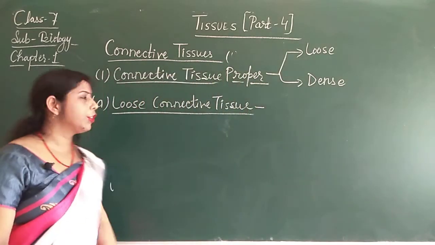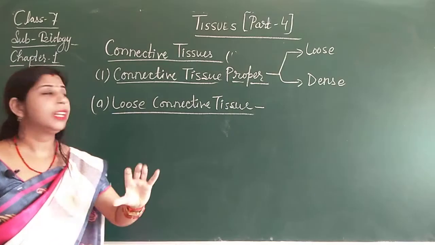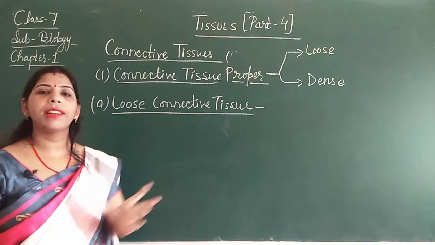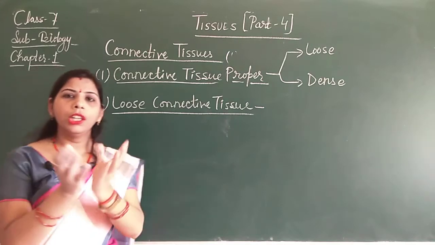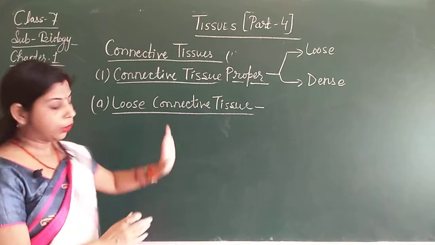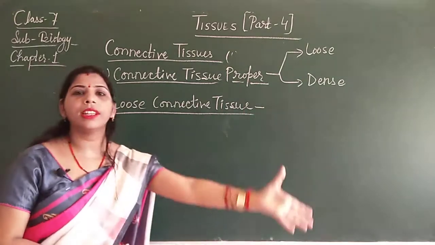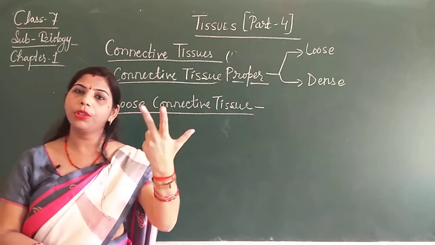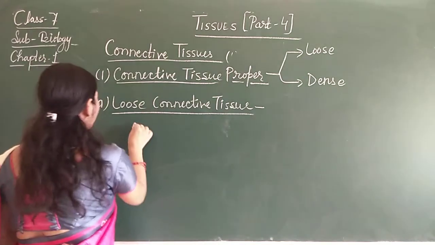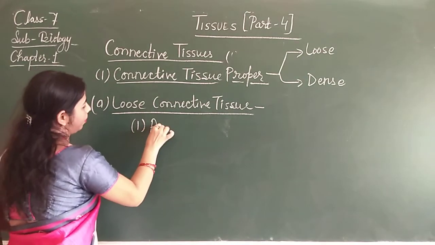This loose connective tissue, as the name says, loose, means the fibers present in this tissue are loosely bound. This loose connective tissue is further divided into two parts. First is the areolar tissue.